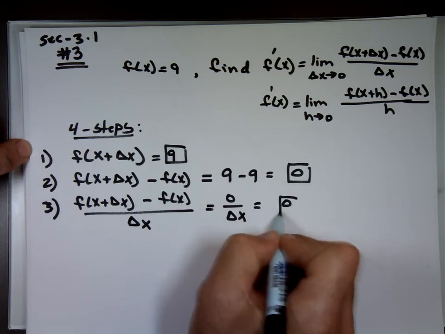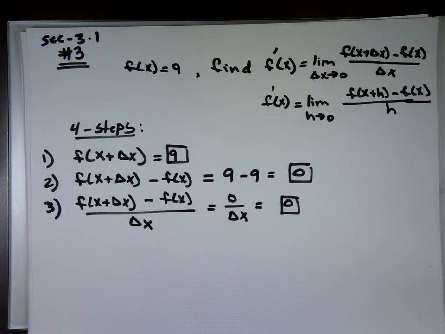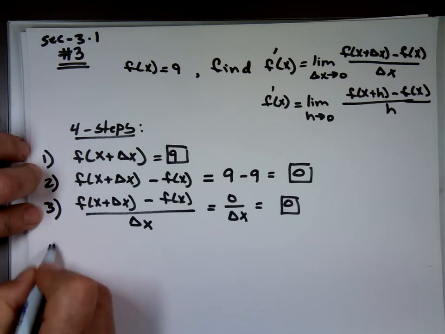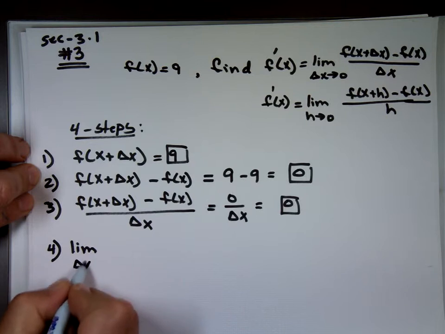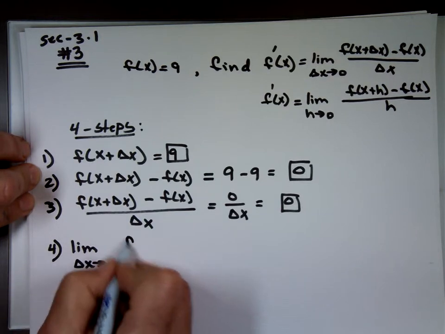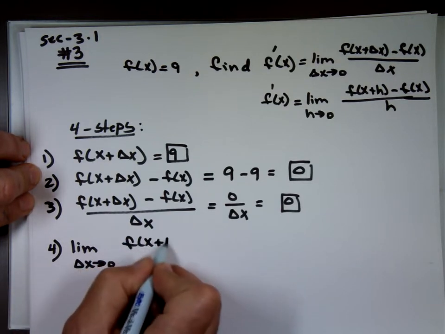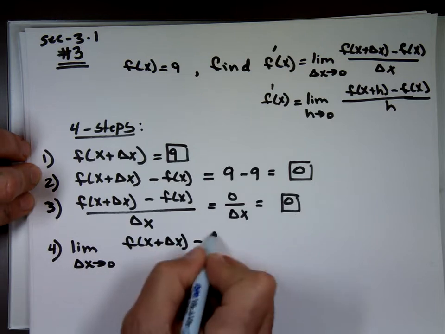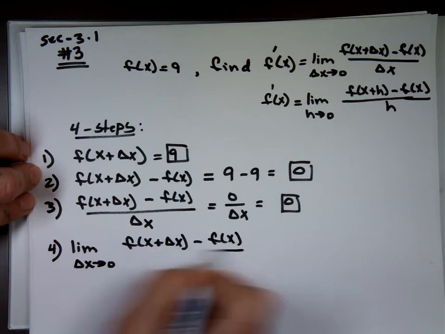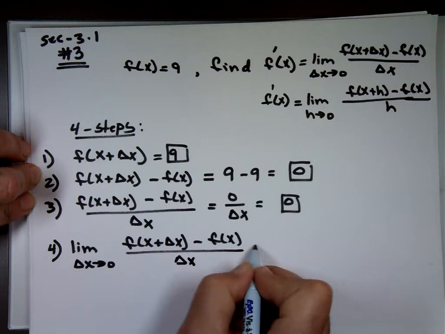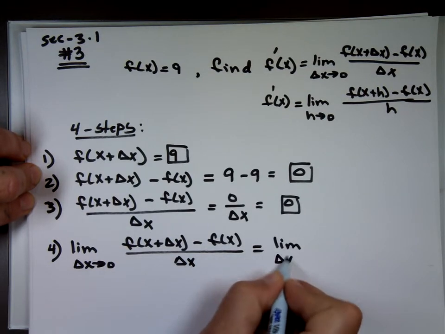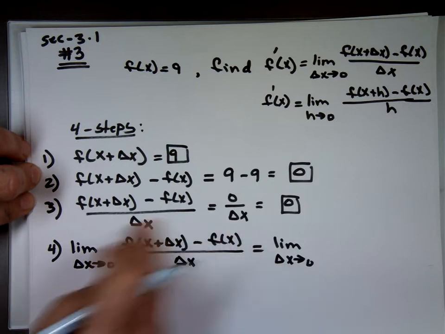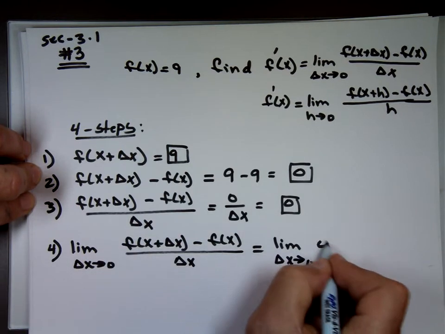Still 0. And step number 4, take the limit as delta x approaches 0 of f of x plus delta x minus f of x over delta x. The answer to this happens to be 0.